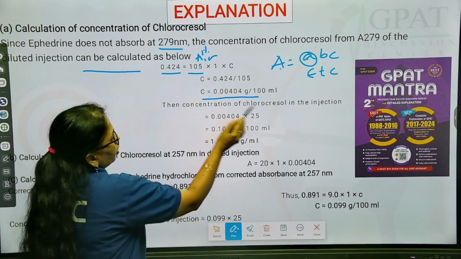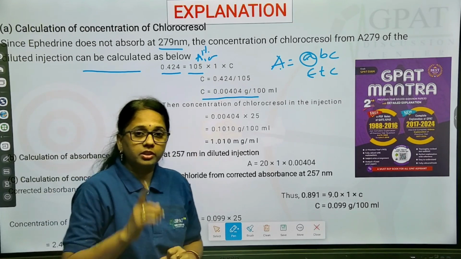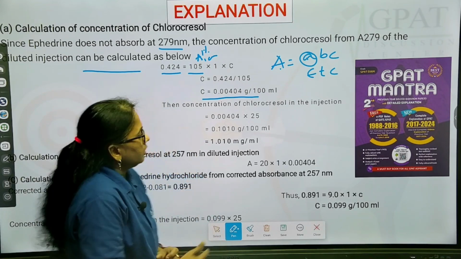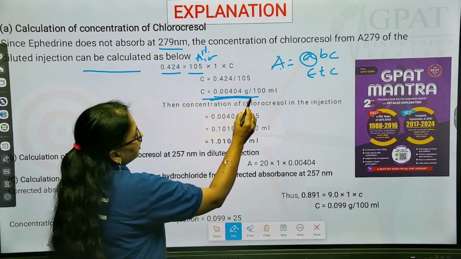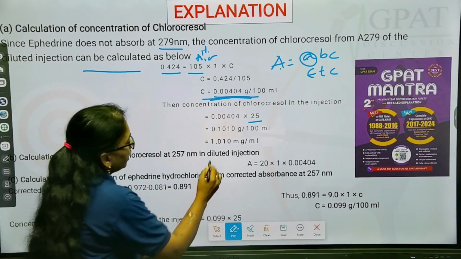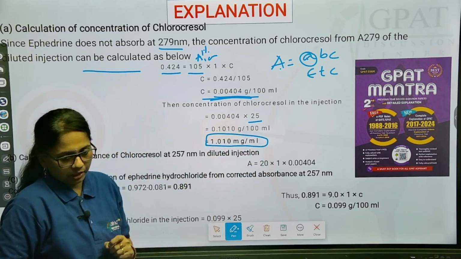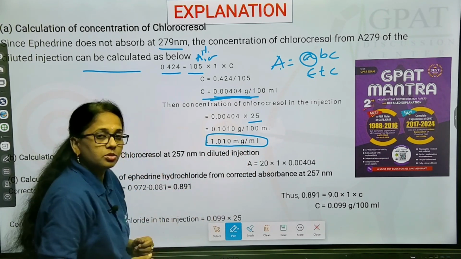So the concentration of the injection is what we need. The injection has been diluted 1 ml to 25 ml. For that purpose, this concentration into 25 we need to do. Finally, we get exactly 1.010 mg per ml.